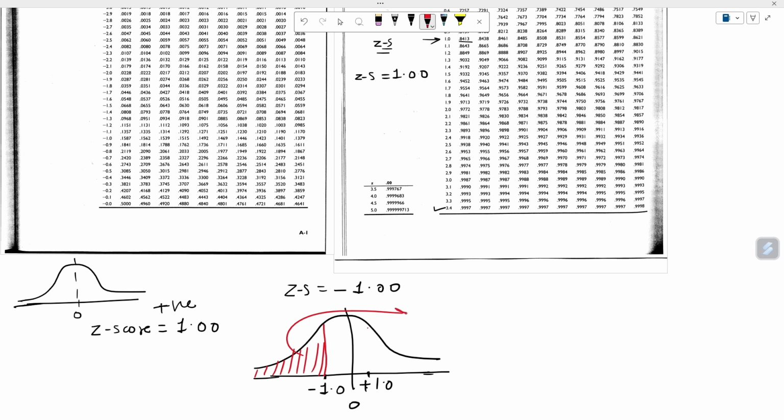We can identify this with the help of the Z table. So the probability for Z score minus 1.00 is going to be 0.1587. So this much portion is 0.1587. I hope you have understood this. Alright.